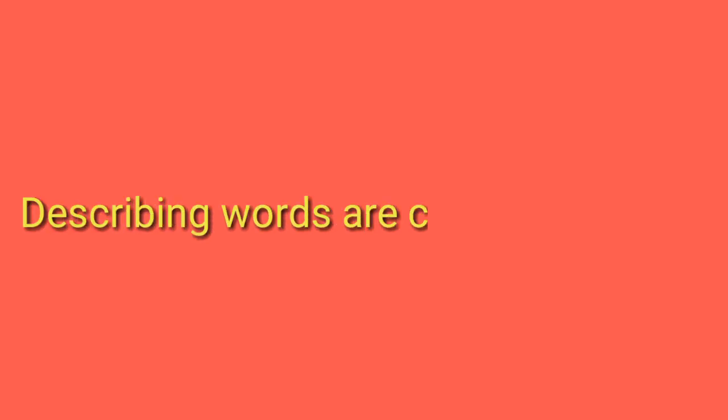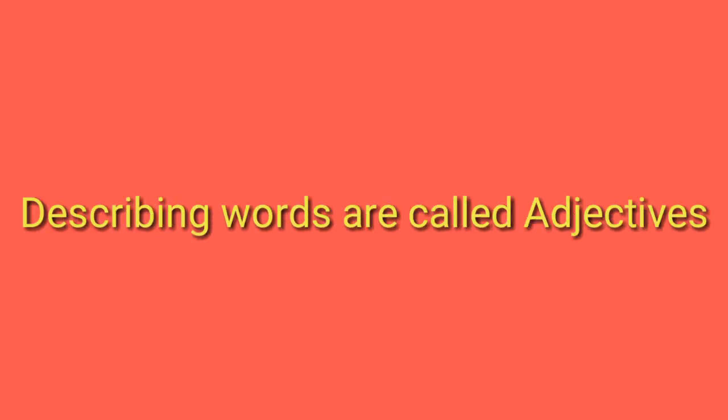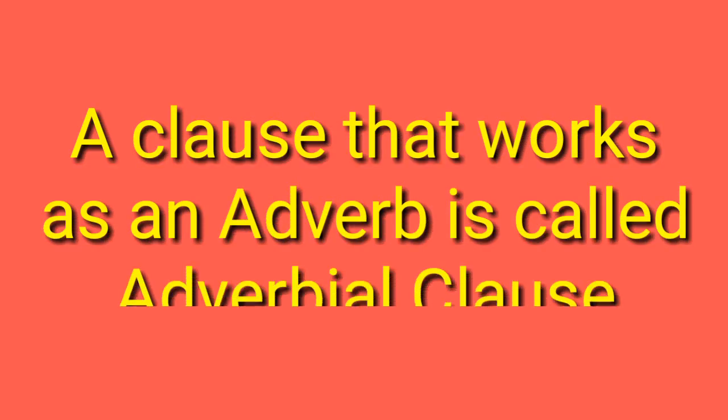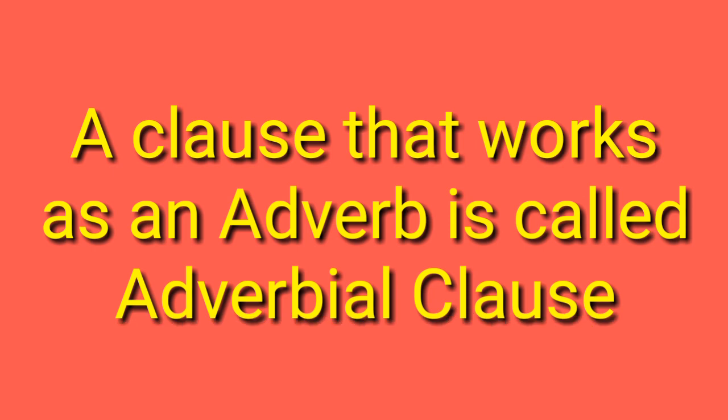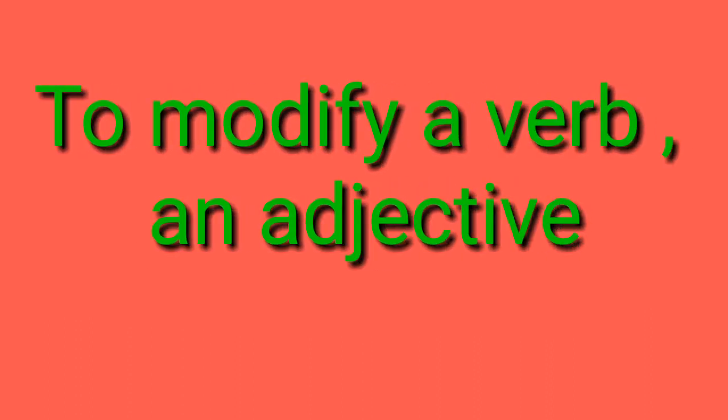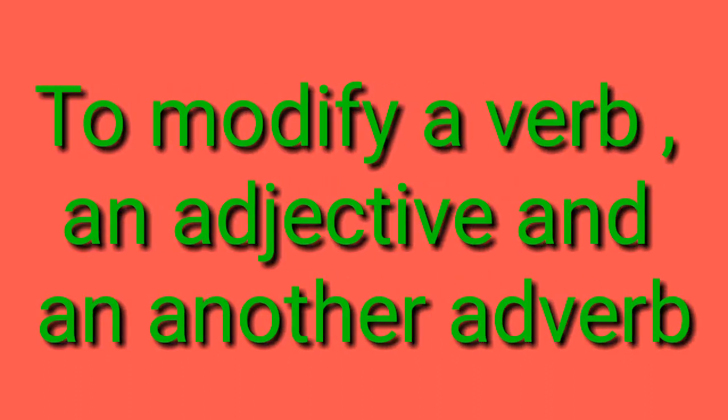So, we can say that describing words are called adjectives. And a clause that works as an adverb is called an adverbial clause. An adverb is used to modify a verb, an adjective, and another adverb.